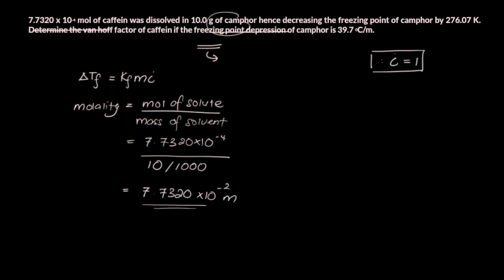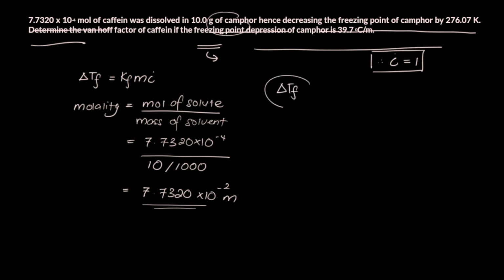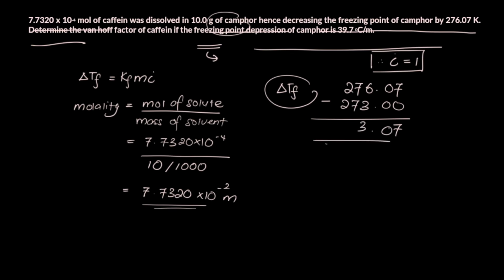Given to you is the freezing point depression. It says that the freezing point decreased by 276.07 Kelvin, and because this is the value of your delta Tf, you need to minus 273.00, so you will get 3.07.